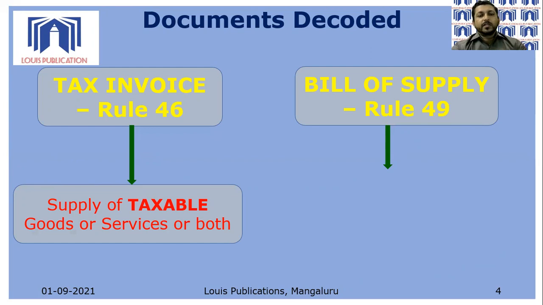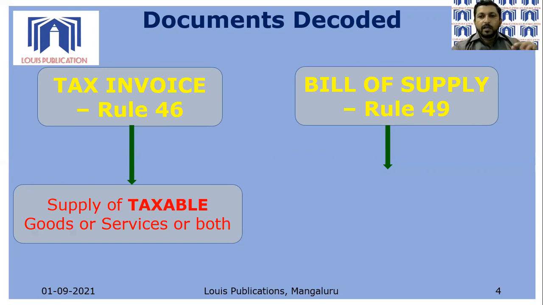If a supplier is registered under the composition scheme, the supplier cannot collect GST, because that's the very rule of section 10. Any person who is registered as a composite dealer cannot collect GST. At that time, such a supplier for his outward supply cannot issue a tax invoice. He would rather issue a bill of supply.